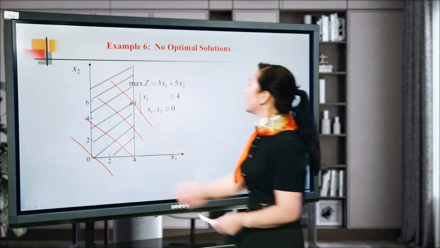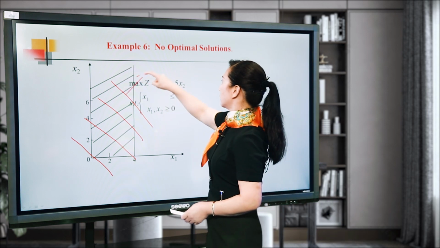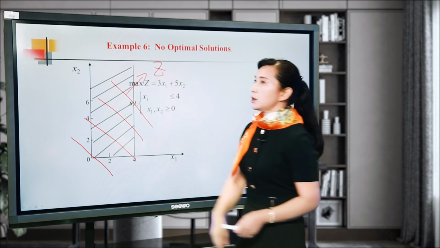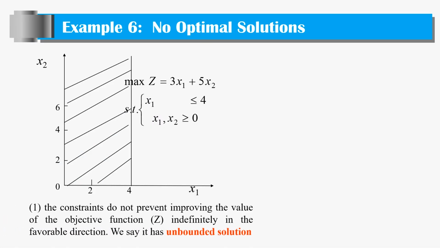We find that J increases infinitely. So in this model, the constraints do not prevent improving the value of the objective function J infinitely in the favorable direction. So we say that this problem has an unbounded solution and it has no optimum solution.